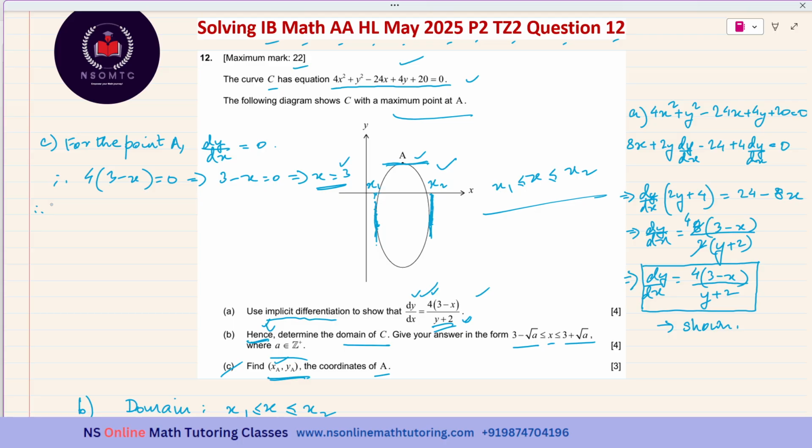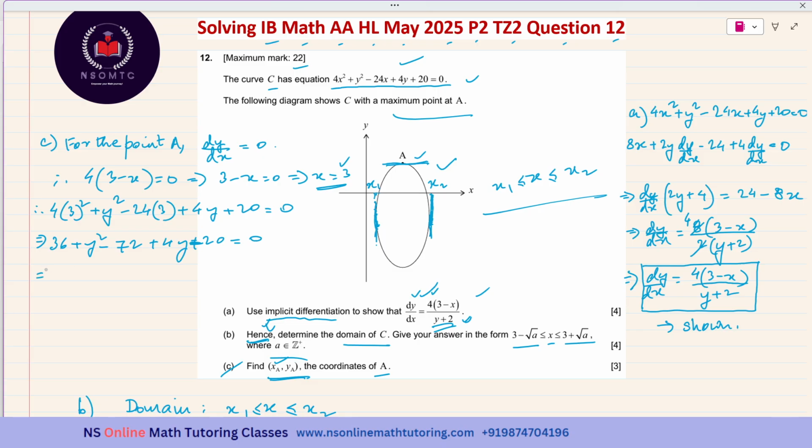So 4 times 3 square plus y square minus 24 times 3 plus 4y plus 20 is equal to 0. 3 square is 9, 9 times 4 is 36, plus y square, and 24 times 3 is 72, plus 4y, plus 20 is equal to 0.